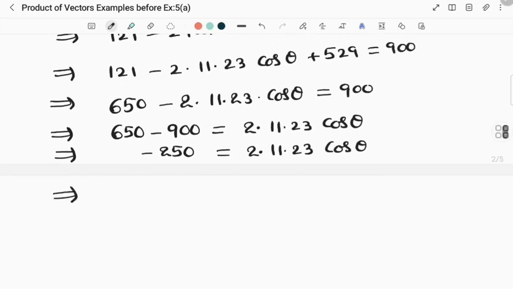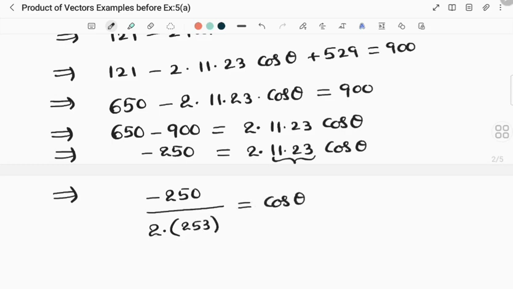So 250 divided by 2 into 11 into 23, the value is 253, is equal to cos theta. So 2 ones are 2, 125s. Therefore cos theta value is equal to minus 125 by 253.